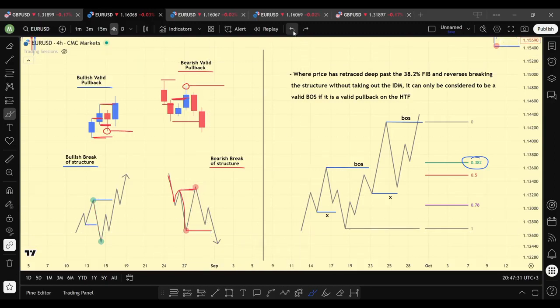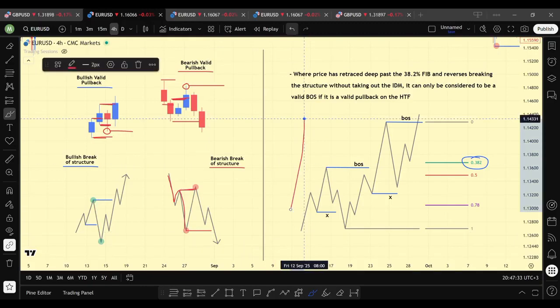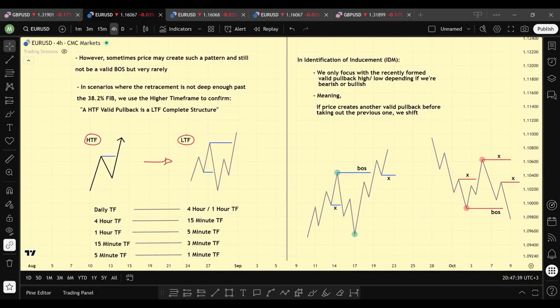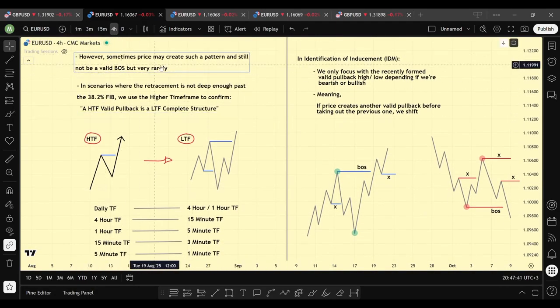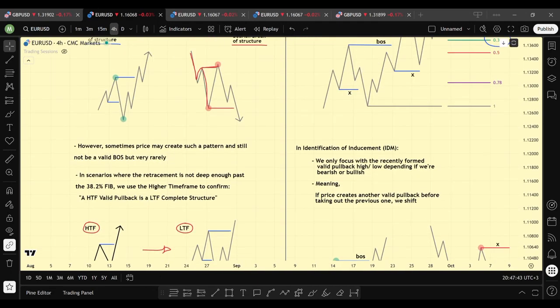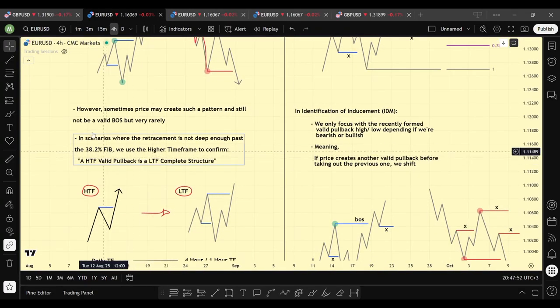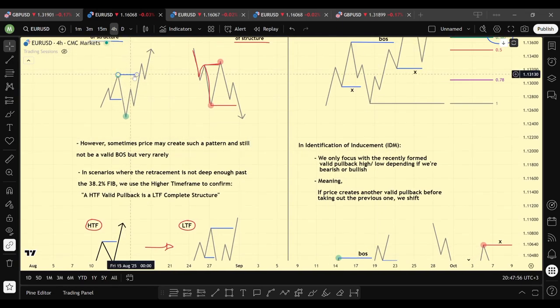Alright, so guys, let me do this. However, sometimes price may create such a pattern, these patterns. This here in a bullish scenario, price can create such a pattern or this kind of pattern and still not be a valid break of structure, even after price has created such a pattern.